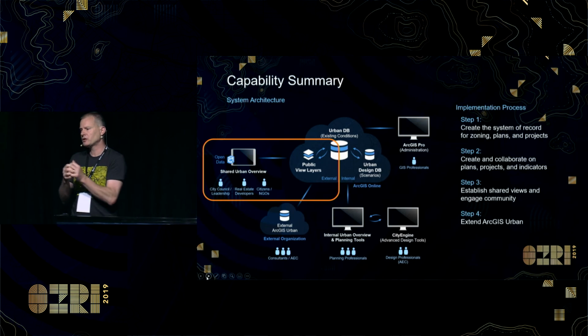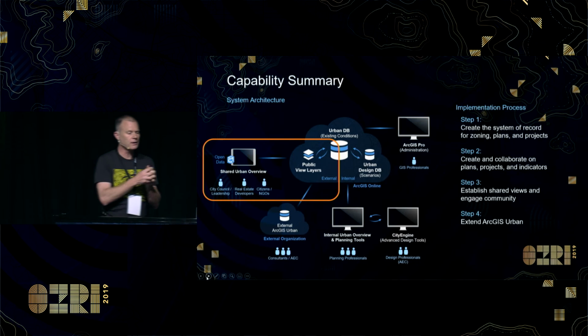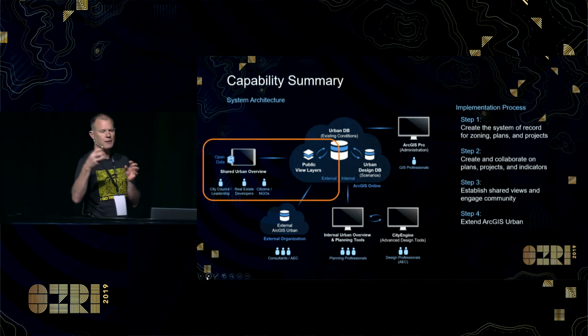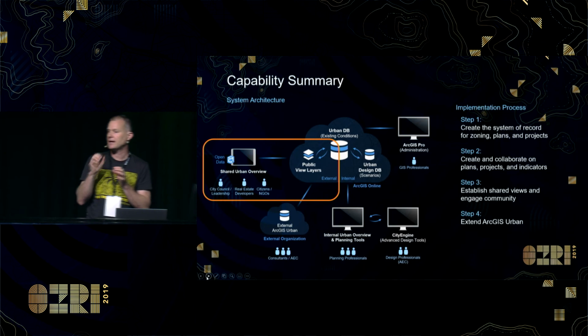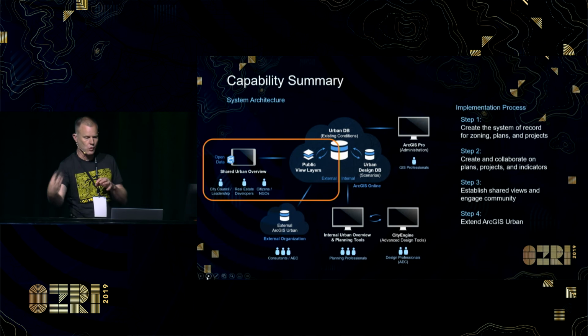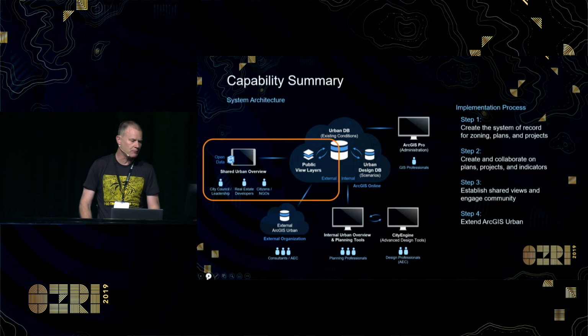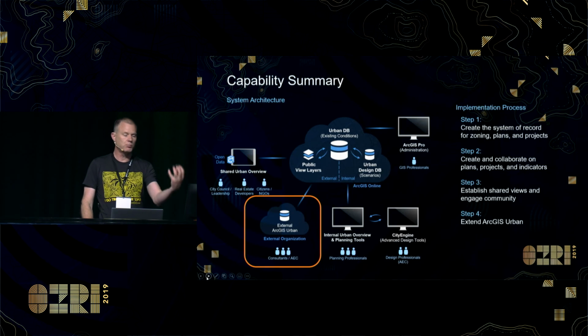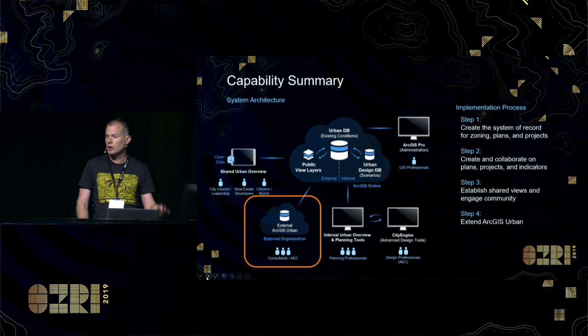I'll set up a group inside my ArcGIS Online account. I'll invite Brisbane City Council to come into that group, some of the users there, they get access to that, and then you get the model, and you can start work on that as the Brisbane City Council people. So they can start to bring in, and the information in the urban database gets translated into your urban database on your local environment.